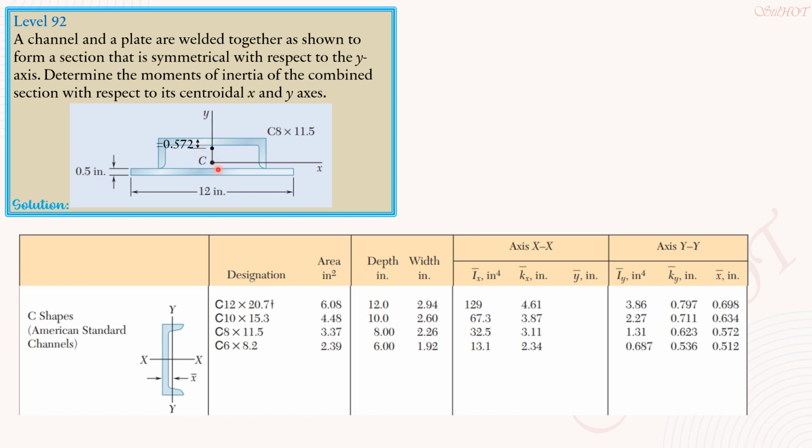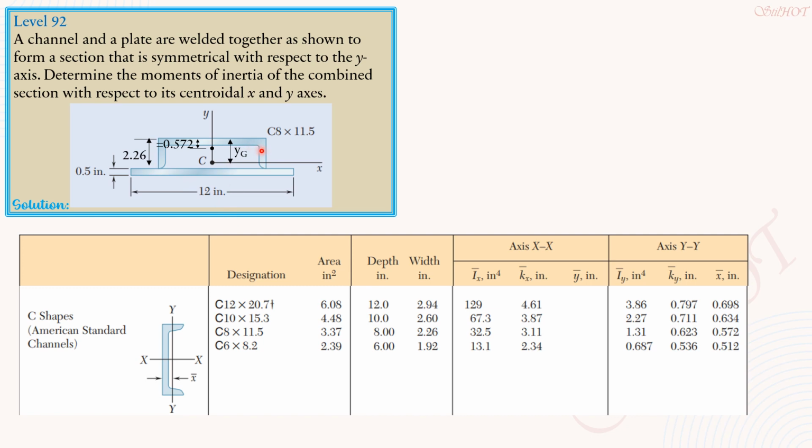Then, call this yg, and we can compute that by Varignon's theorem or first moment of mass principle. Then the width of the flange, this one, is 2.26 inches as shown in the figure.